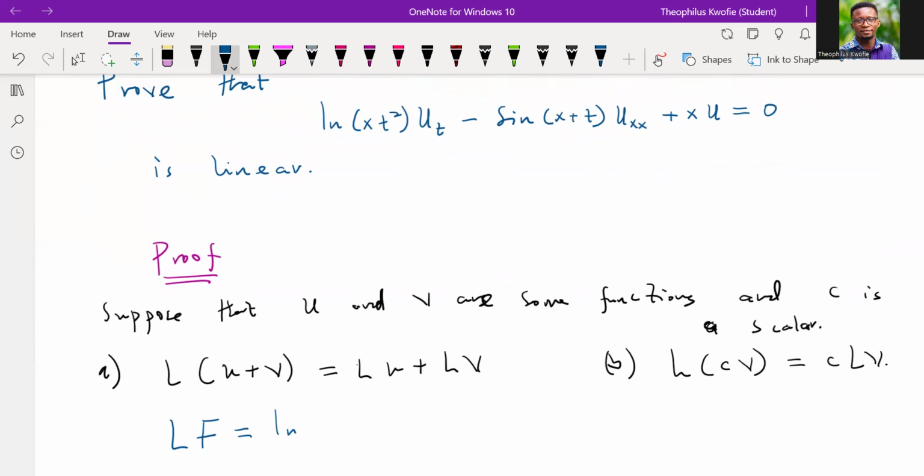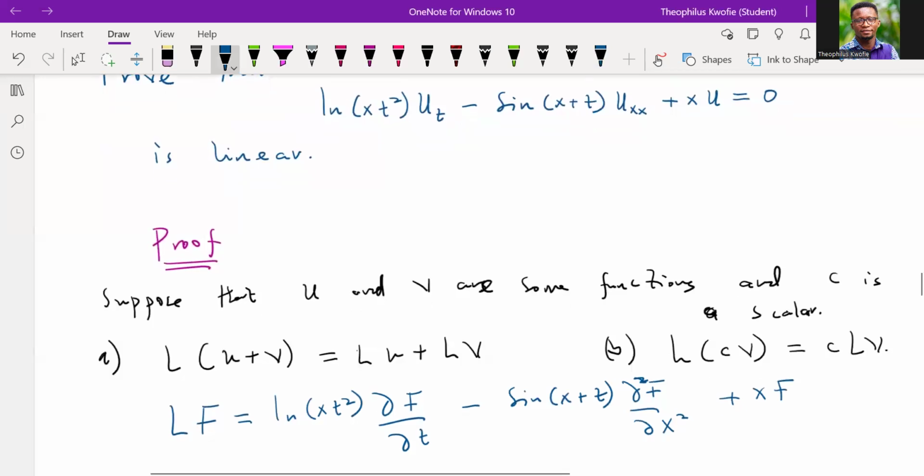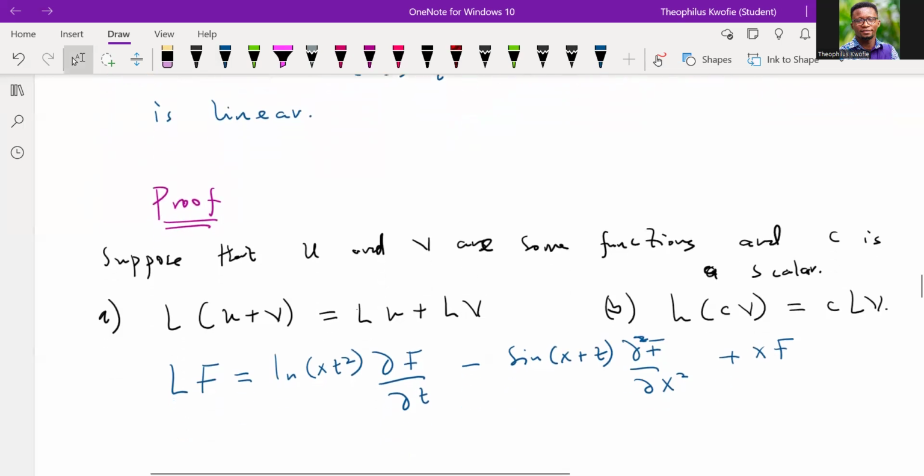If L acts on that particular solution, which we call f, then we should have ln of x multiplying t squared times the partial of f with respect to t, and then the sine of x plus t times the second partial of f with respect to x, then plus x times f. Your u is more or less like your f. So let's take note of that.